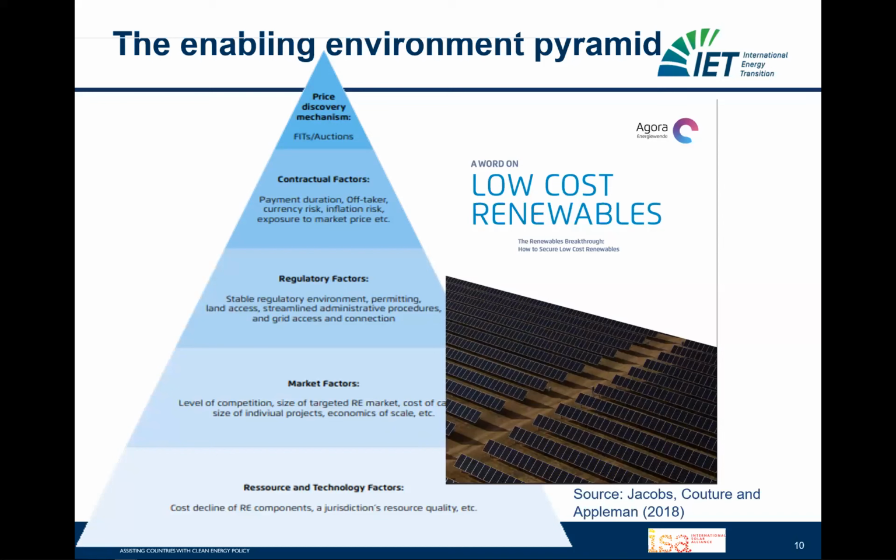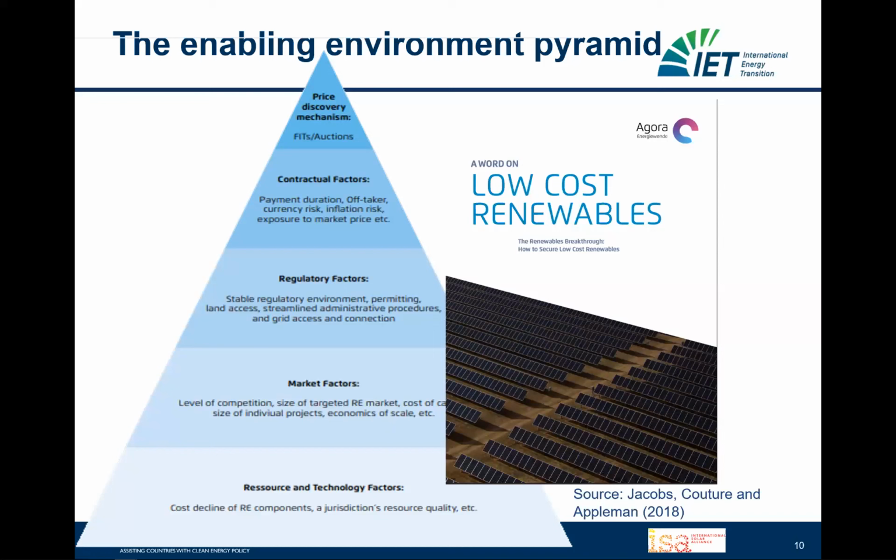I'm more of the opinion that there are other factors, in this case contractual, regulatory, and market factors, which are much more important when you really want to procure low-cost renewables. And if you put these three factors into place, if you design everything right, then the eventual decision of whether you go with a feed-in tariff or auctions is actually secondary.